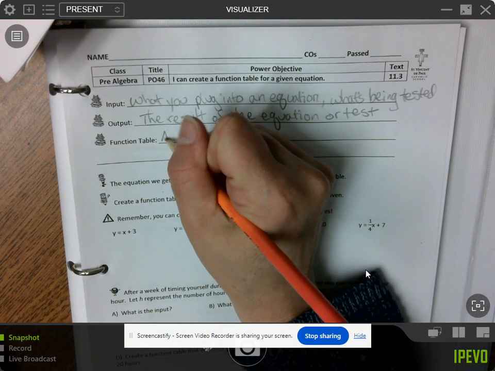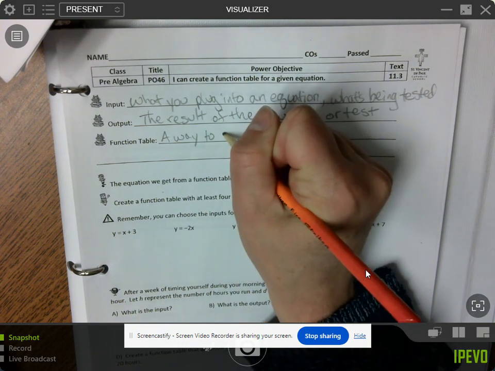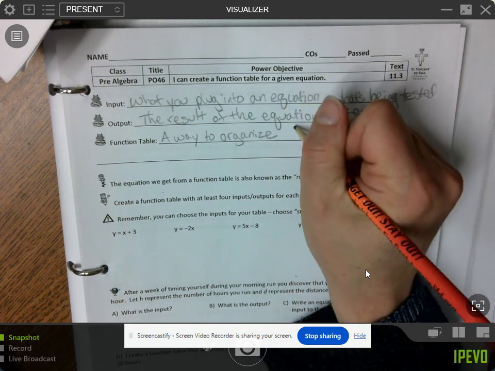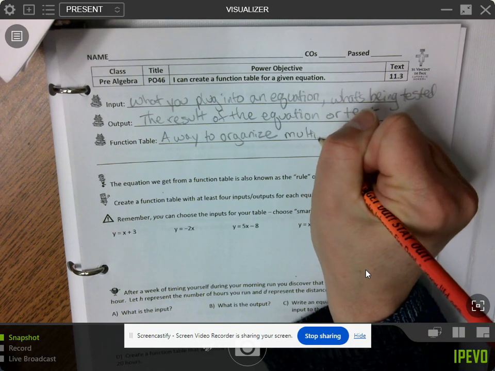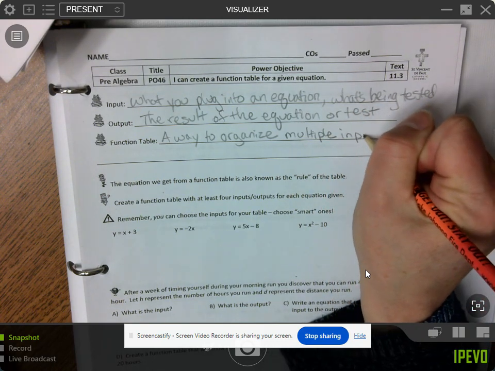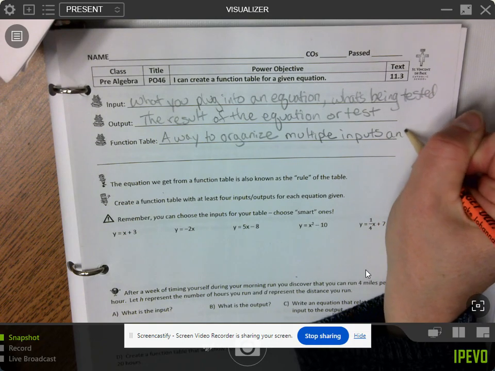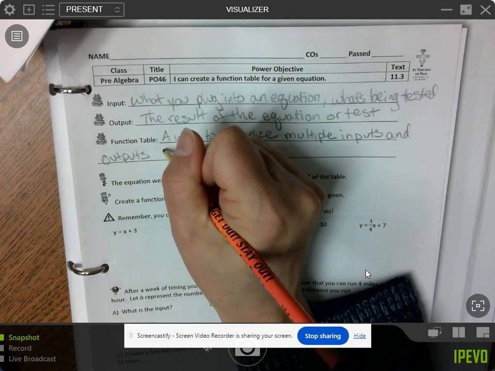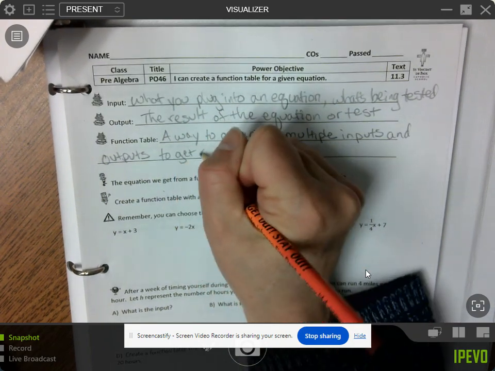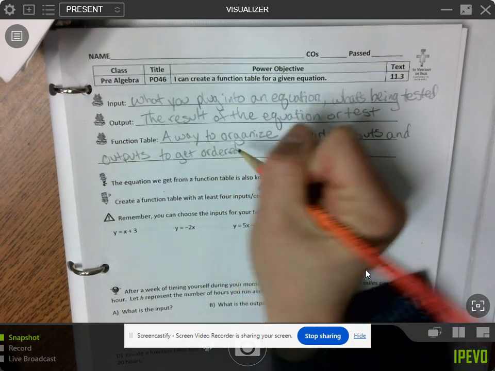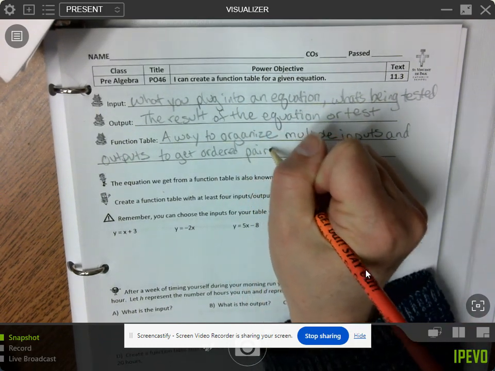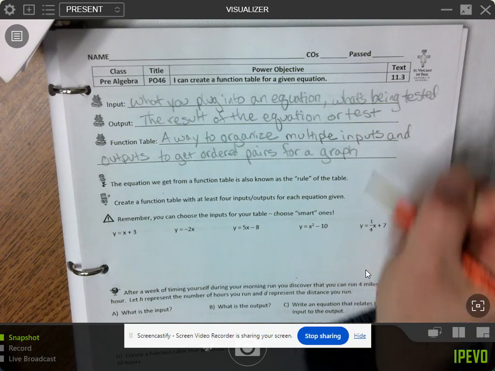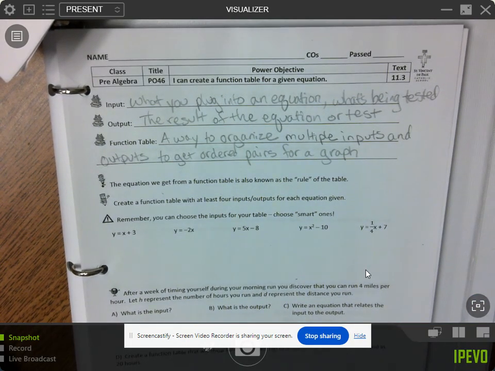A function table is a way to organize multiple inputs and outputs to get ordered pairs for a graph. And we're going to see what that looks like, how we organize it to make sense.